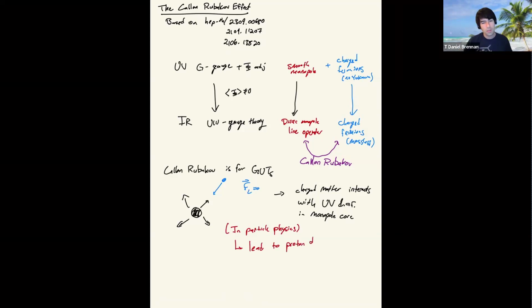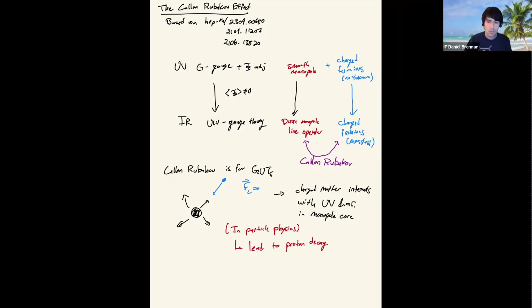What's particularly interesting is that usually there's a scattering cross section which scales like 1 over the size of the monopole, so it should be suppressed by the UV scale. But the surprising part about the Callan Rubakov effect is that it was actually an order 1 scattering effect. So this is supposed to lead to some very large and observable proton decay, which is also sometimes called proton catalysis or proton decay.